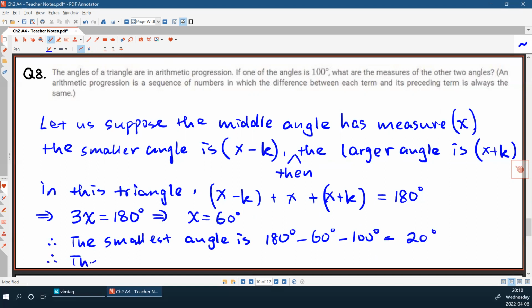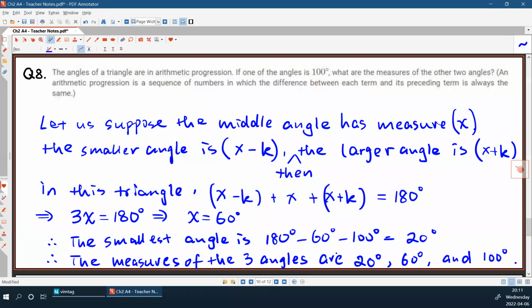Therefore, the measures of the three angles are 20 degrees, 60 degrees, and 100 degrees.